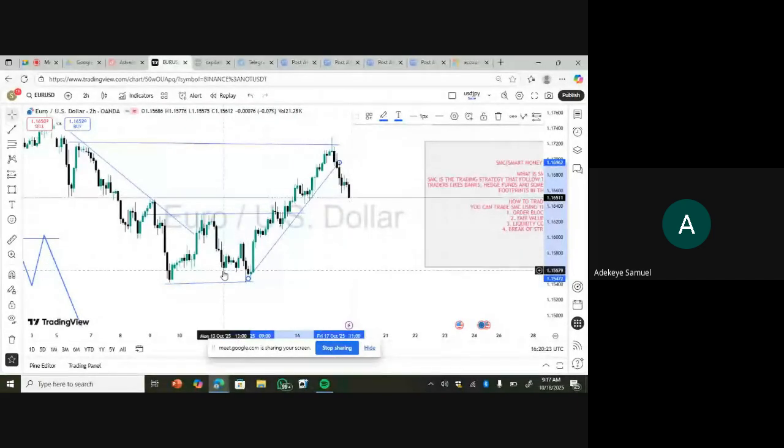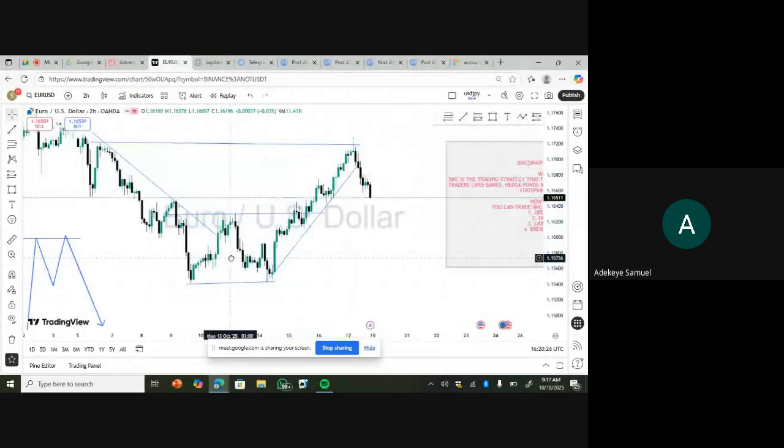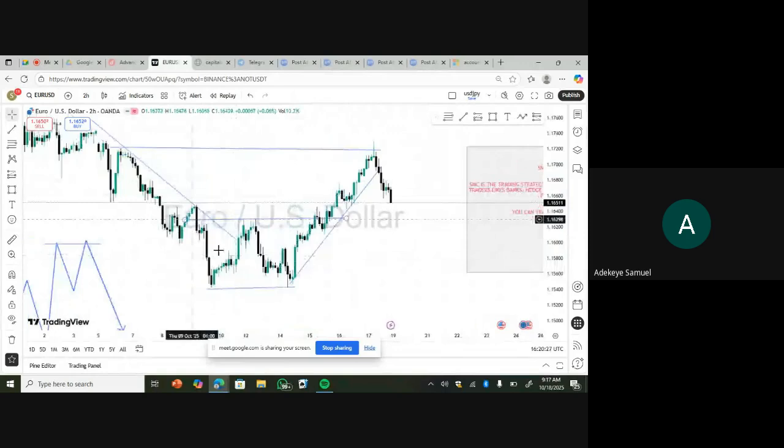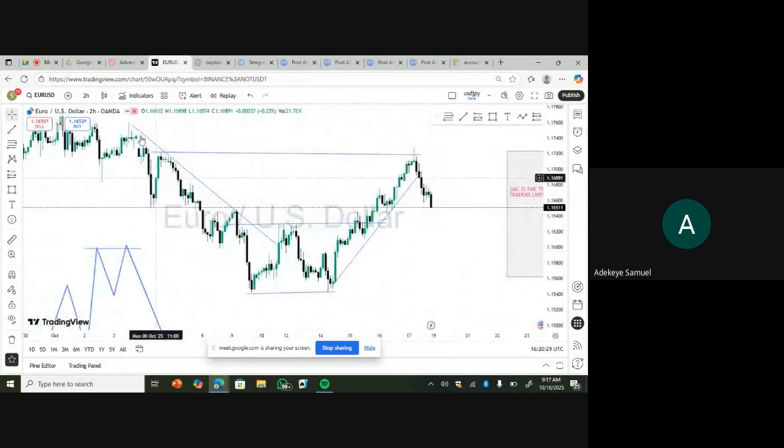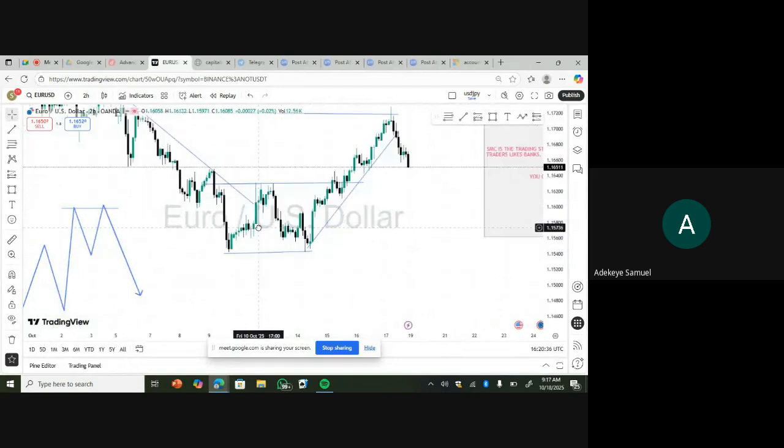But how do I know that the buyers are in control of this market? One, my trend line shows that buyers are in control, but sellers are taking over from buyers, right?